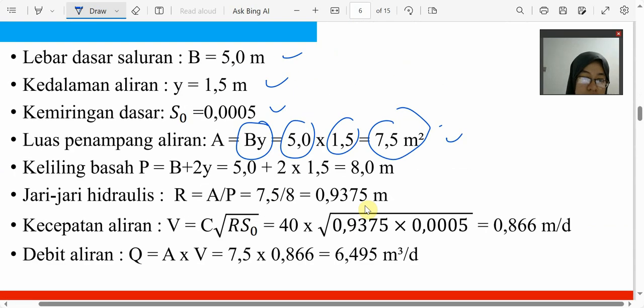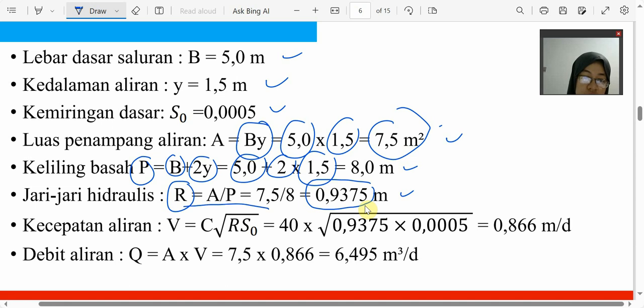And this perimeter is B plus 2Y. We get 8 meters, and then hydraulic radius A over P, which is 0.9375 meters. And then the velocity, we already know the Chezy coefficient.